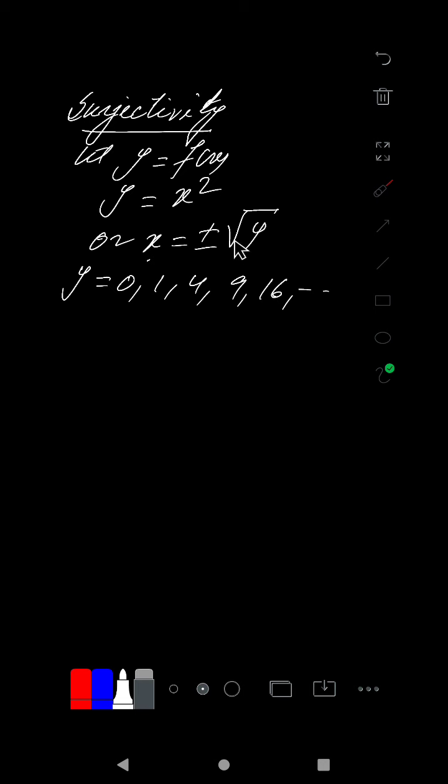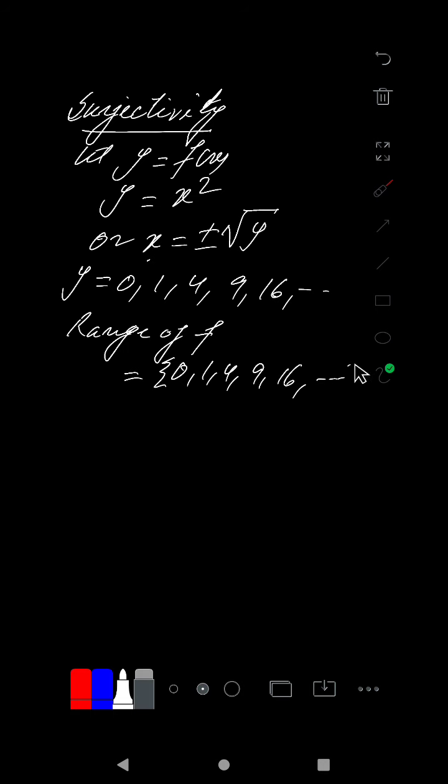Here again, x is defined for those values of y which are perfect squares. So we can say that range of the function is equal to {0, 1, 4, 9, 16 and so on}. But codomain of f is equal to the set of integers.